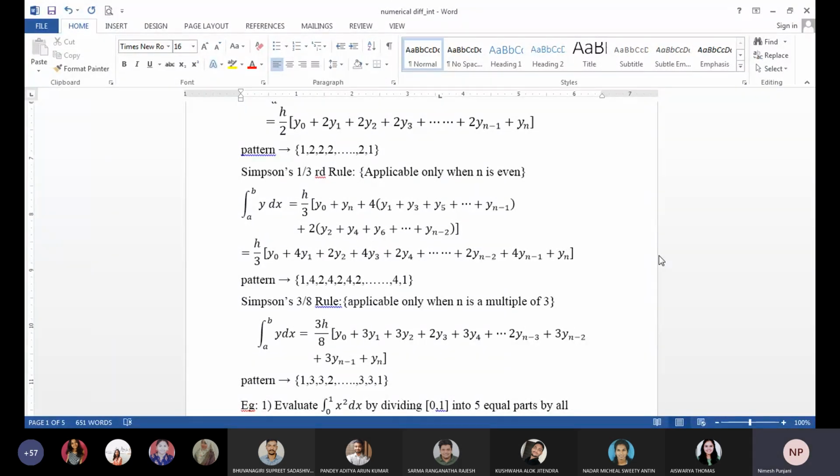And the n that we are writing in all three formulas is the number of parts in which your interval is divided. N parts, n plus 1 number of points. I hope this is clear.